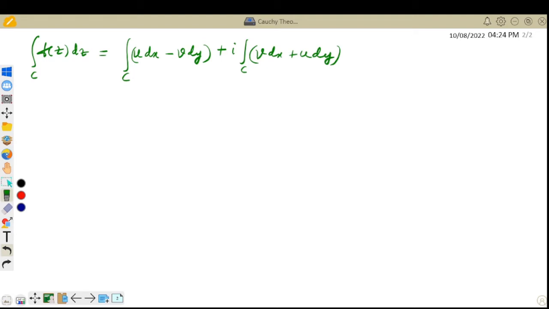Students, what is the next one? Next, I am using Green's theorem here. So what is Green's theorem, and how to use it? We will write the Green's theorem statement. Green's theorem is defined in a plane.